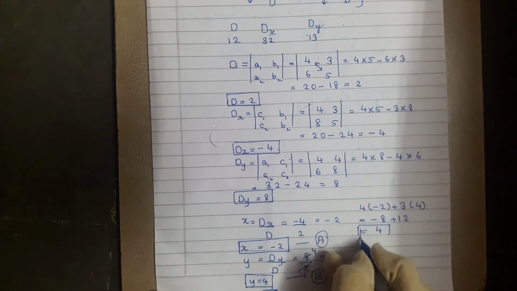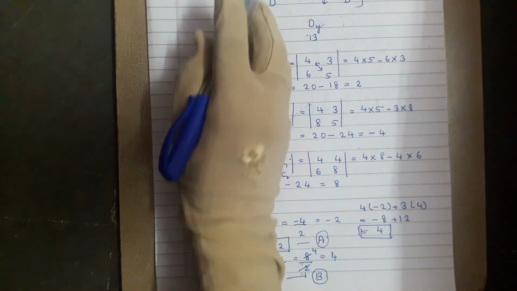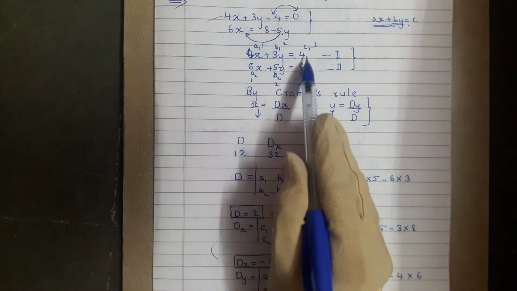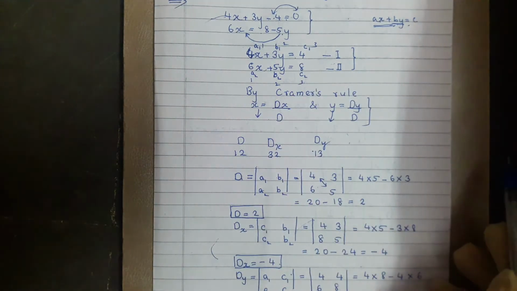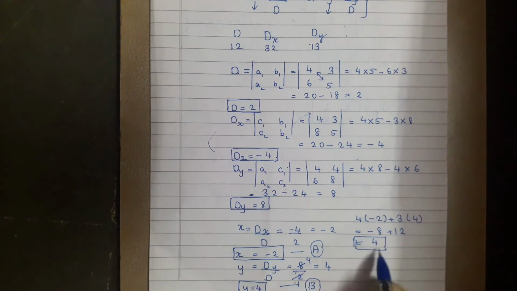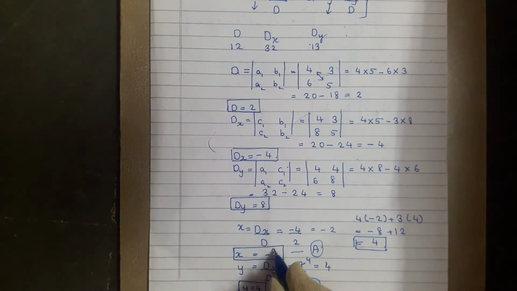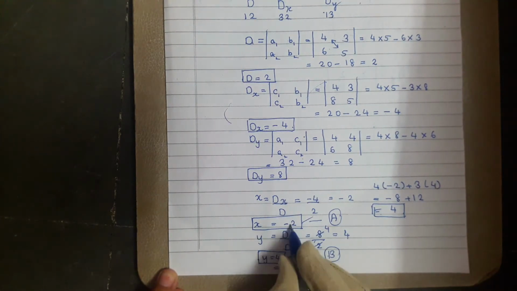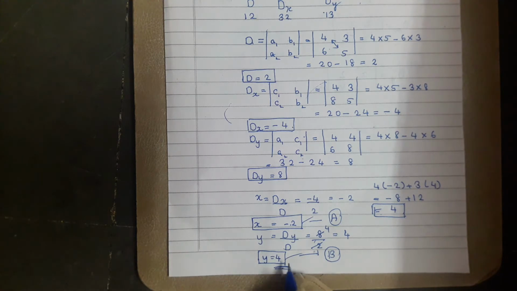So LHS and RHS are equal from the first equation. We have 4 and we get 4. So LHS is equal to RHS, meaning x equal to -2 and y equal to 4 is the correct solution.